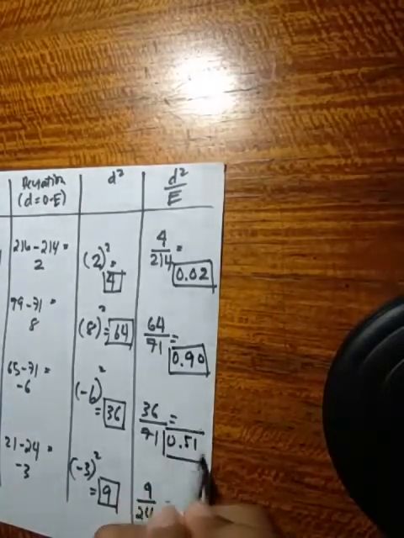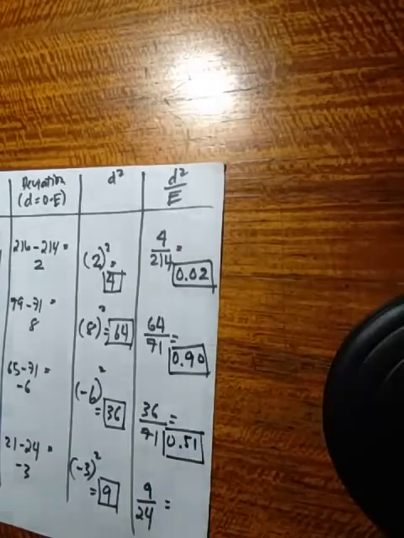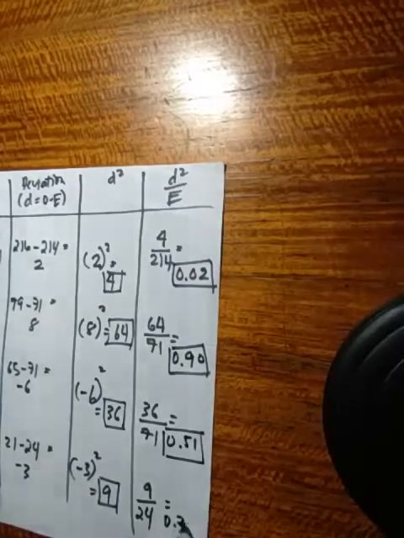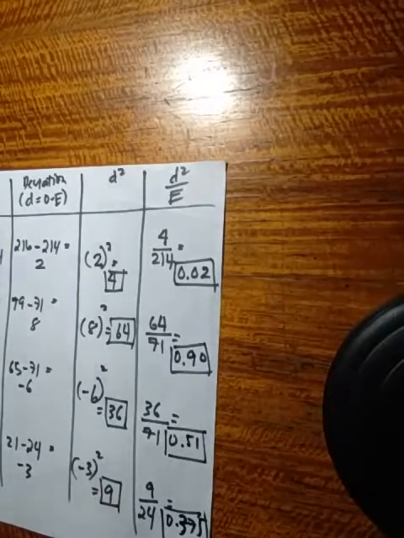And finally 9 divided by 24 is equivalent to 0.375. Now we are still not yet finished because the next step would be to add all of this.